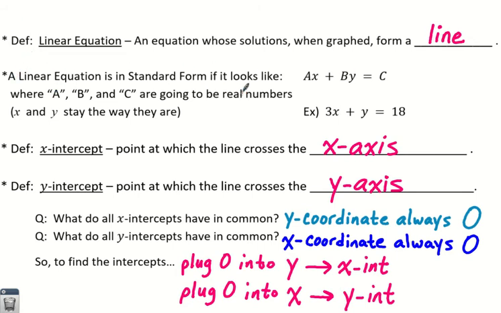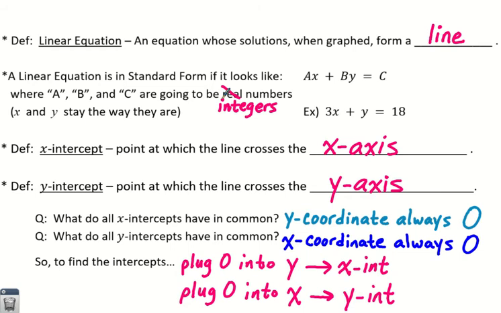But they're going to be real numbers, okay? Not just real numbers, integers, okay? I don't know if that's like a mathematical law or anything for sure.